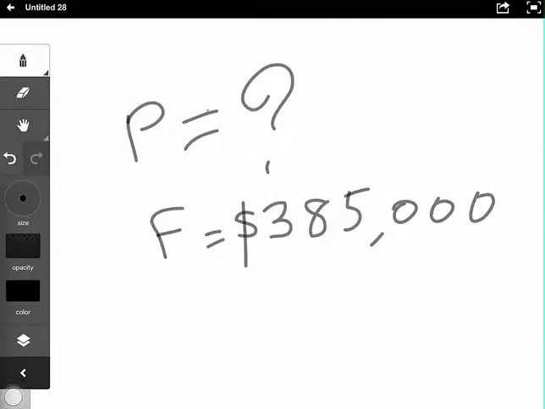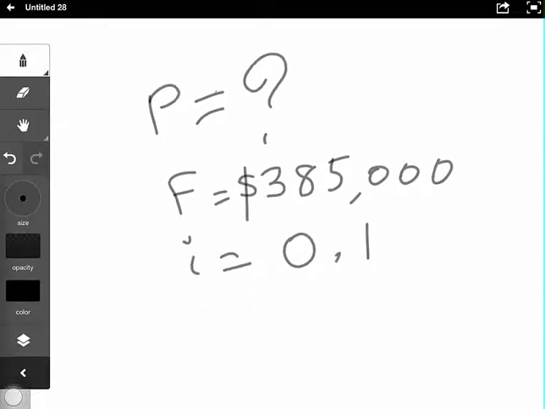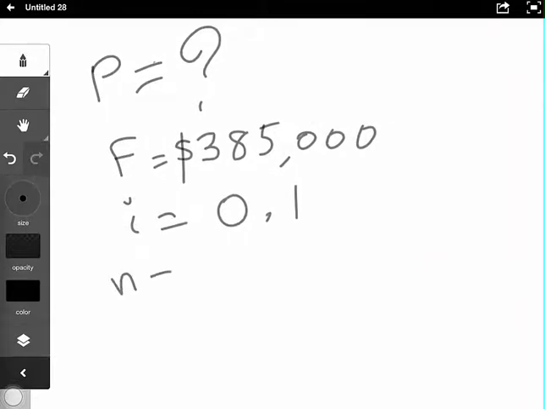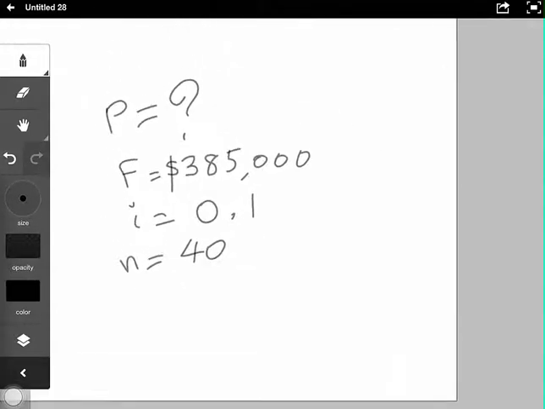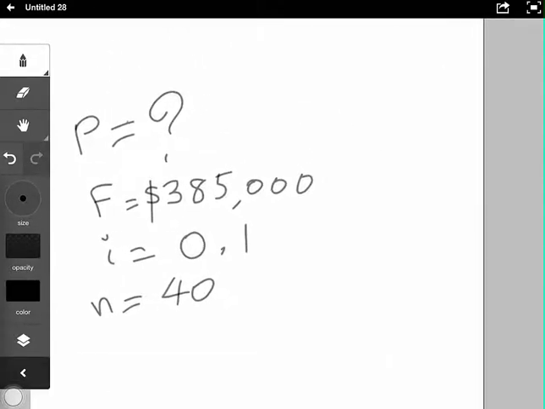The interest rate is 10%, which is equal to 0.1, and the number of periods n is equal to 40. That was 40 years. So we got all those variables. We substitute in the equations.